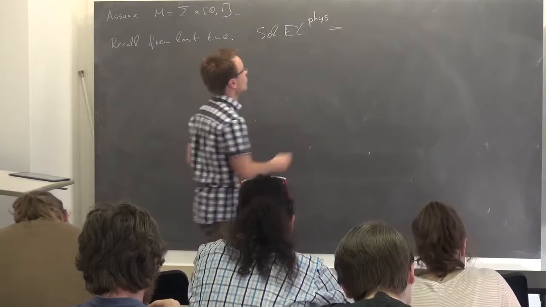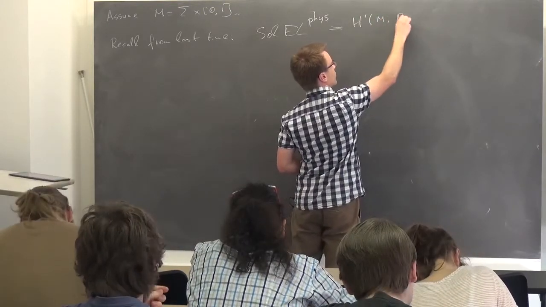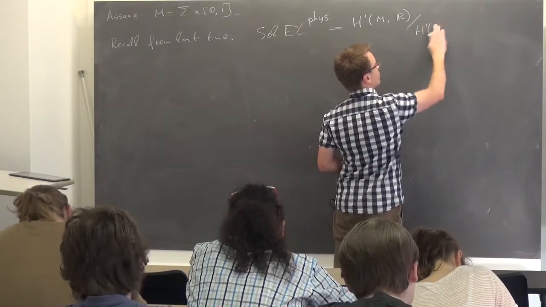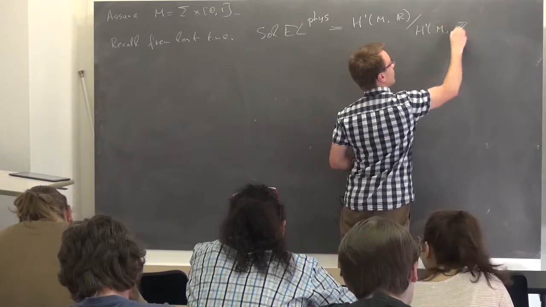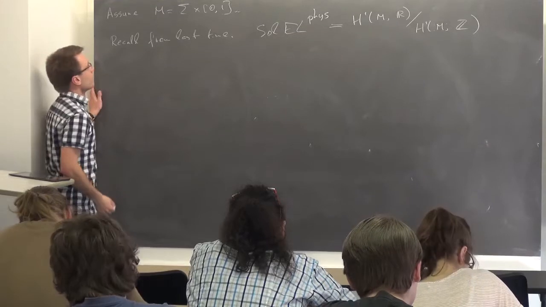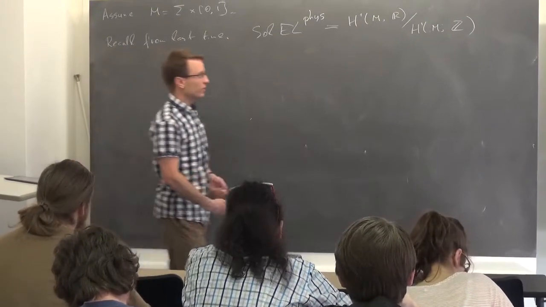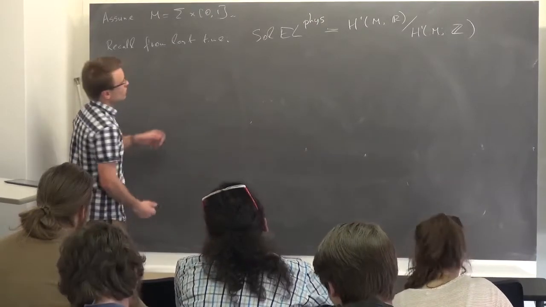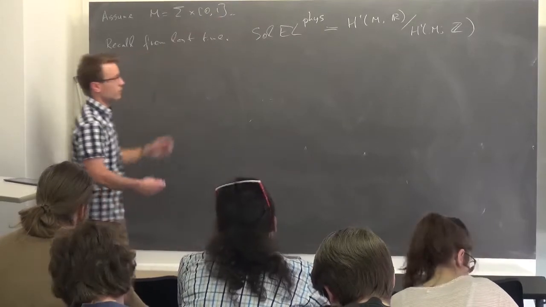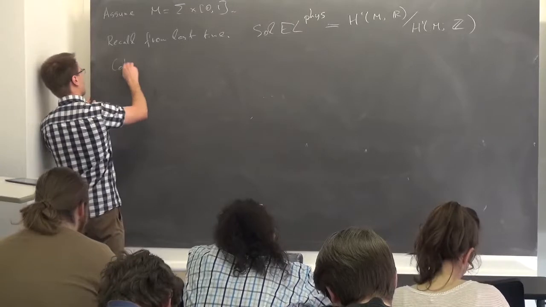And this was the first cohomology of M with real coefficients, mod the first cohomology of M with integral coefficients. Okay, so now in this case, you know that the cohomology is homotopy invariant. So the cohomology of M is equivalent to cohomology of sigma, because M retracts onto sigma. So cohomology is homotopy invariant.